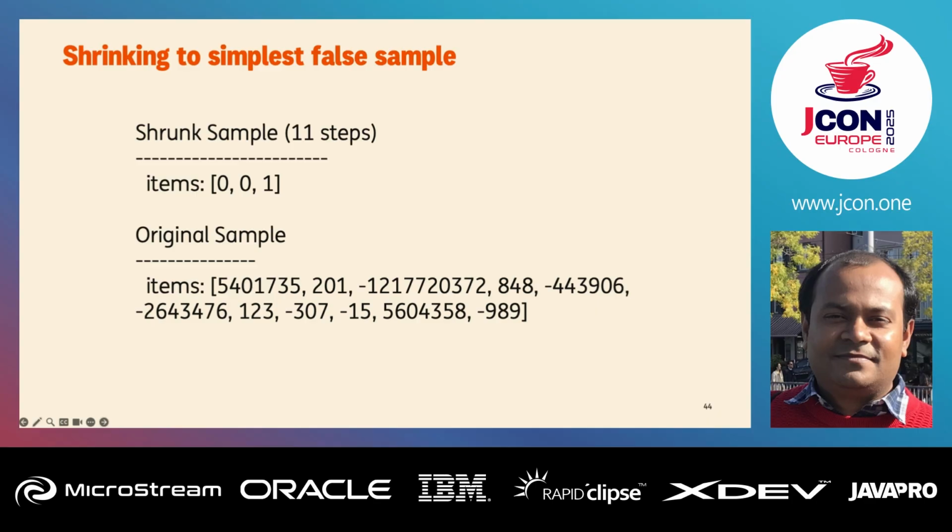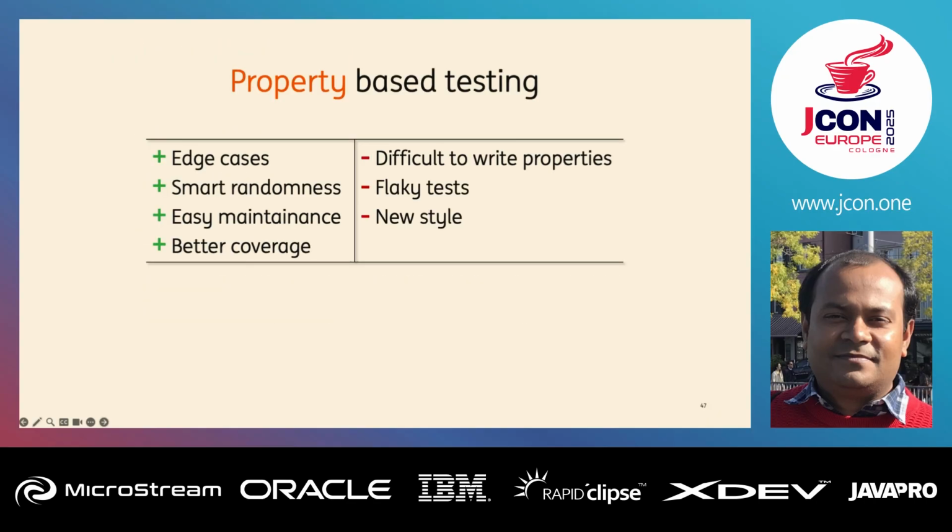That is 0, 0, 1, if you remember the bug that we had. So that is called shrinking, and it took 11 steps to shrink to that failure. That's a feature of property-based testing, but it's very nicely implemented in Jqwik. So it basically removes the noise from the test results. It takes you exactly where the problem is.